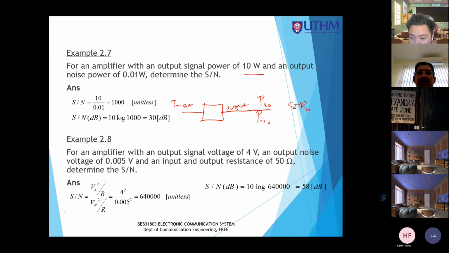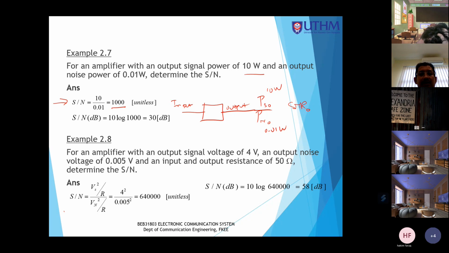Diberikan signal power adalah 10 watt, noise power is 0.01 watt. So therefore the SNR, signal to noise ratio, is 10 over 0.01, so we get 1000.